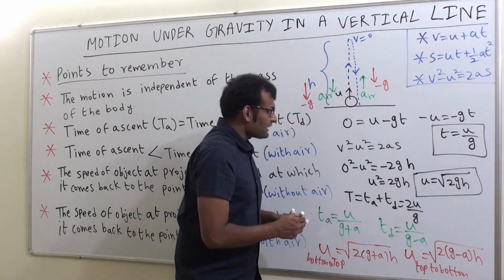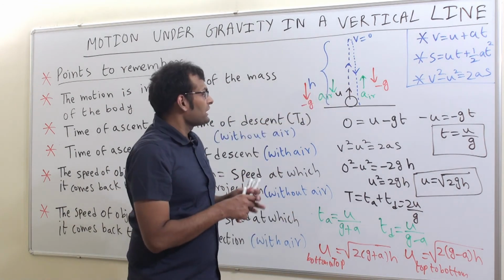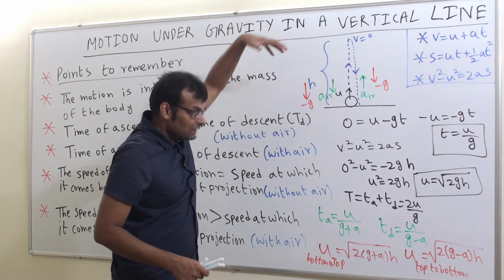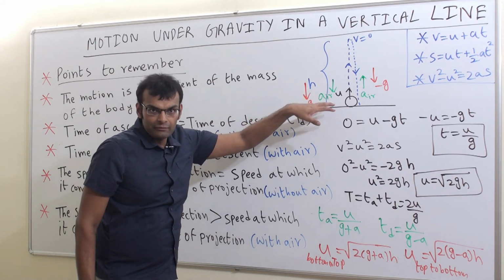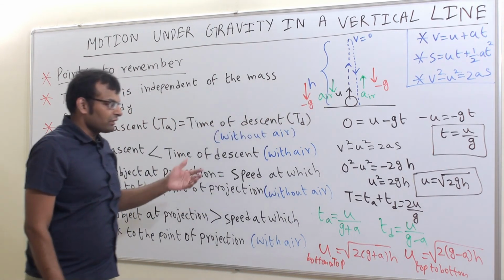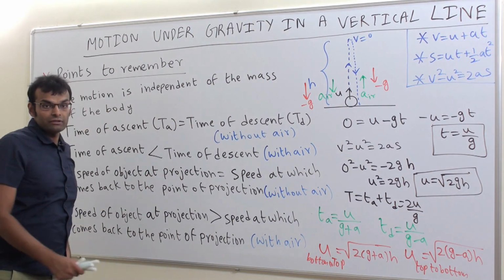See, the g minus a, they are both opposing. Here both are supporting, means the ball is pushed down by gravity as well as air. So these are the 4 cases that we have to keep in our mind while solving the problems.